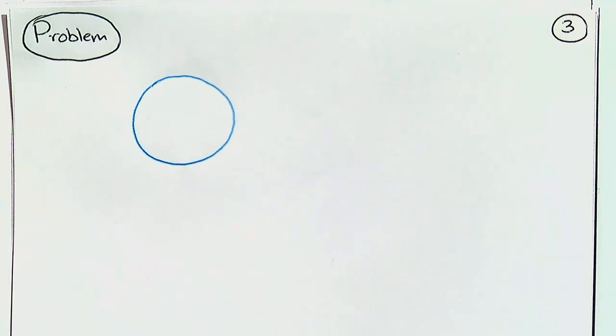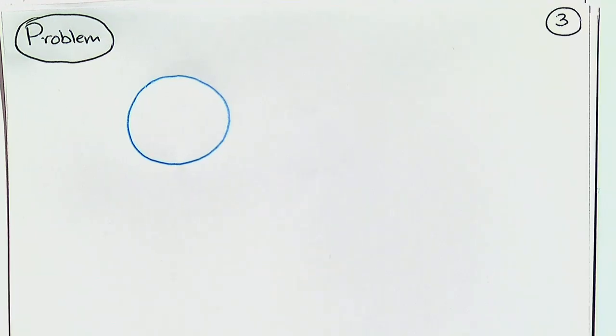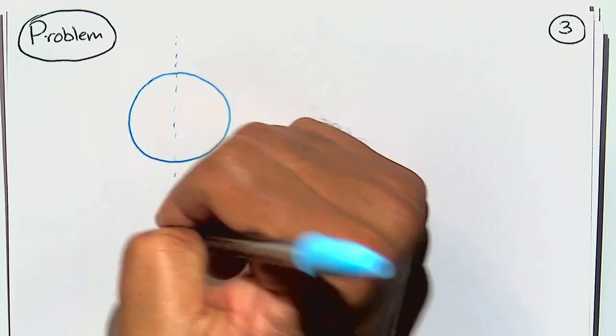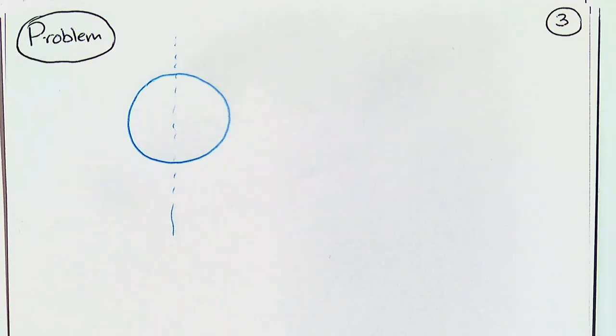Here's an object, let's say it's a ball. We're told a few things about its starting state and ending state. Let's say that's its axis of rotation.